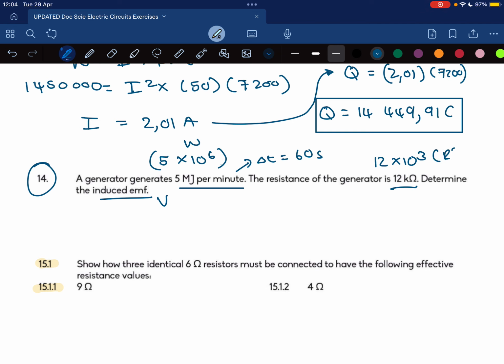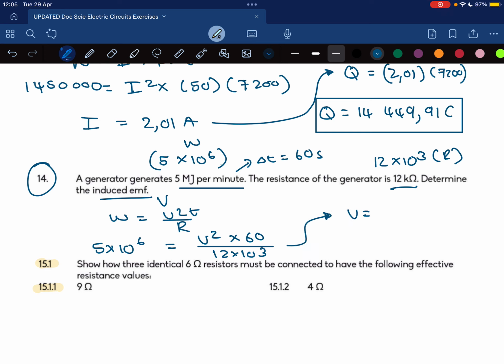We are given R and we want V, so we can use our equation that work is equal to V squared times time over R. We know that work is 5 times 10 to the 6, which is equal to the voltage, which we're trying to find, squared, multiplied by 60, all divided by the resistance, which is 12 times 10 to the 3. If we do some maths, we'll get our voltage to be equal to 31,622.78 volts.